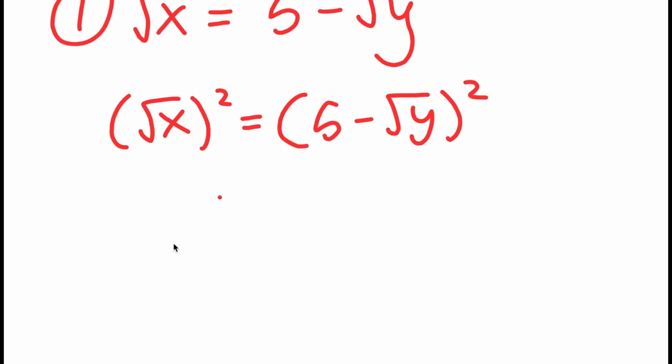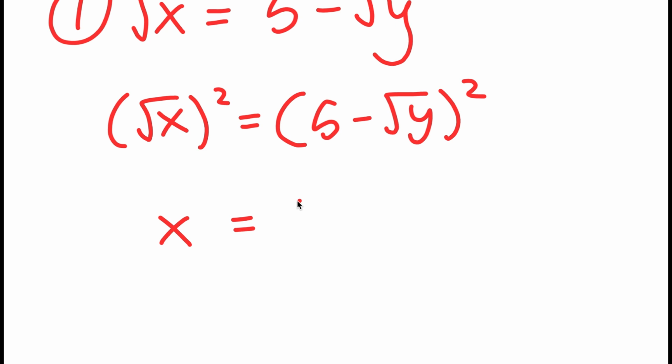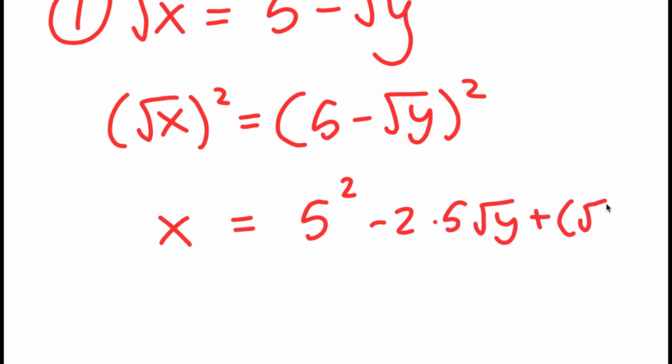And the square root of x squared is x. So I have x is equal to 5 minus the square root of y squared, which is the same thing as 5 squared minus 2 times 5 times the square root of y plus the square root of y squared.